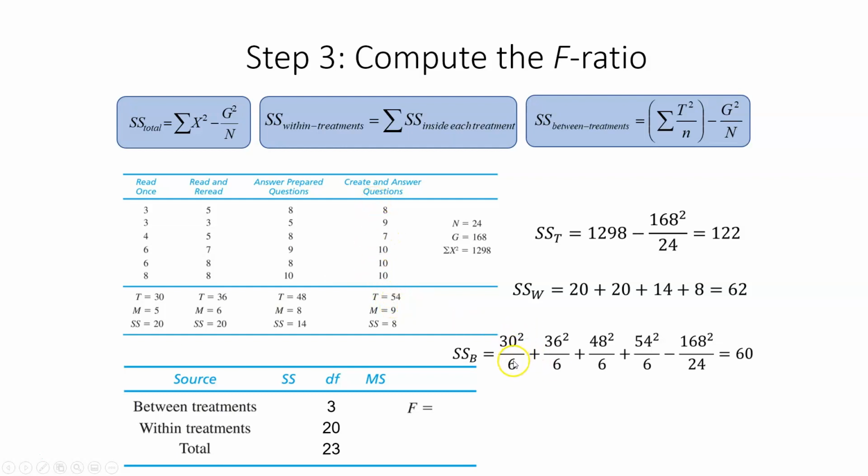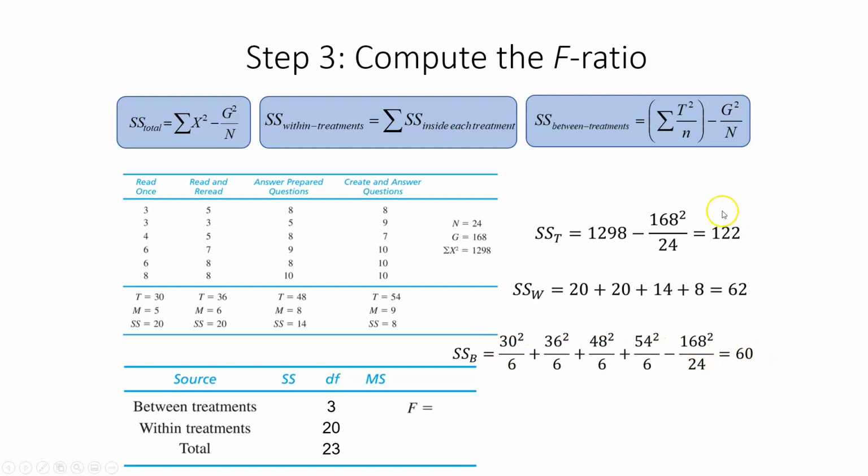So 30 squared over 6, 36 squared over 6, 48 squared over 6, 54 squared over 6. And then finally we subtract G squared over N. This G is 168 squared over big N, 24, down here. If we carry all of this through, we get 60.